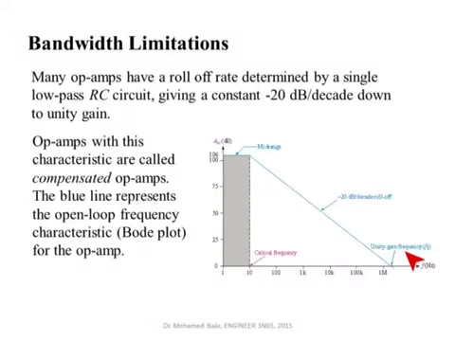It's called the unity gain frequency, where it gives you only a gain of 0 dB, or a gain of 1, ratio of 1. So this one to keep in mind. I'm not going to be asking you to know more about this, but just to remember that the OpAmp supplies its intended high gain only over a limited bandwidth. But beyond that, the gain will start to go down gradually and slowly at minus 20 dB per decade. So every time you multiply the frequency by 10, the gain will go down by 20 dB.